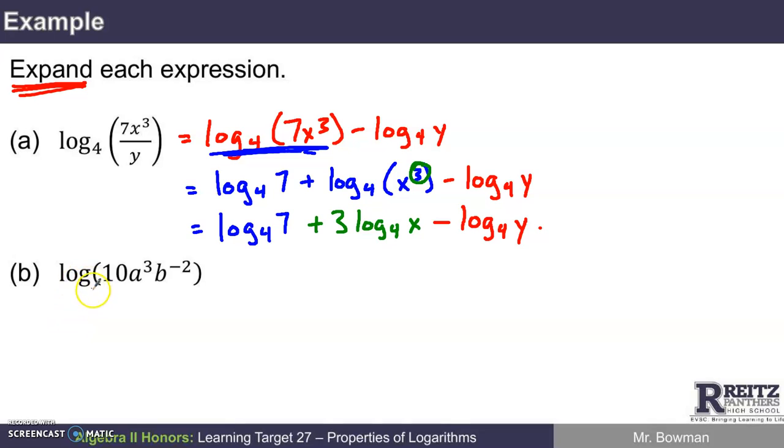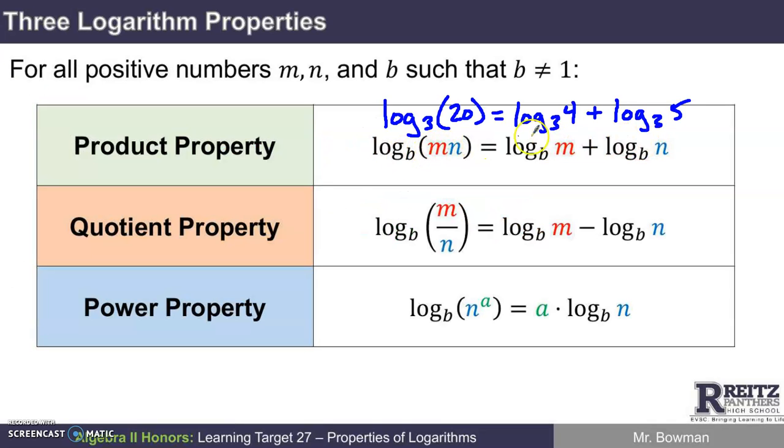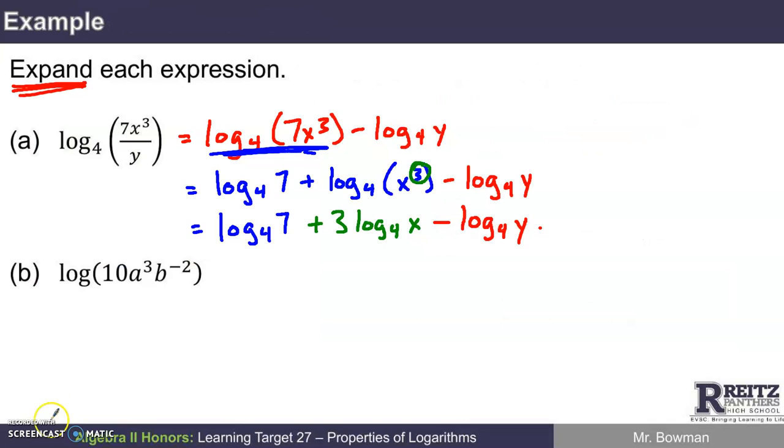Here's another example. Here's log base 10 of 10a cubed b to the negative second. Now what I see here is one big product that involves three factors. And you know, the property on the previous screen showed you a property that works for two factors, but that same property applies to three factors.